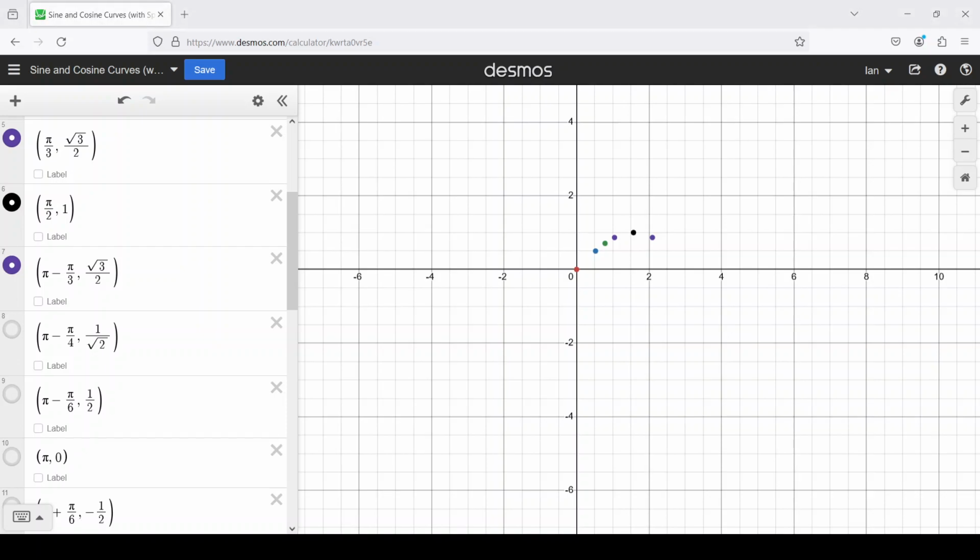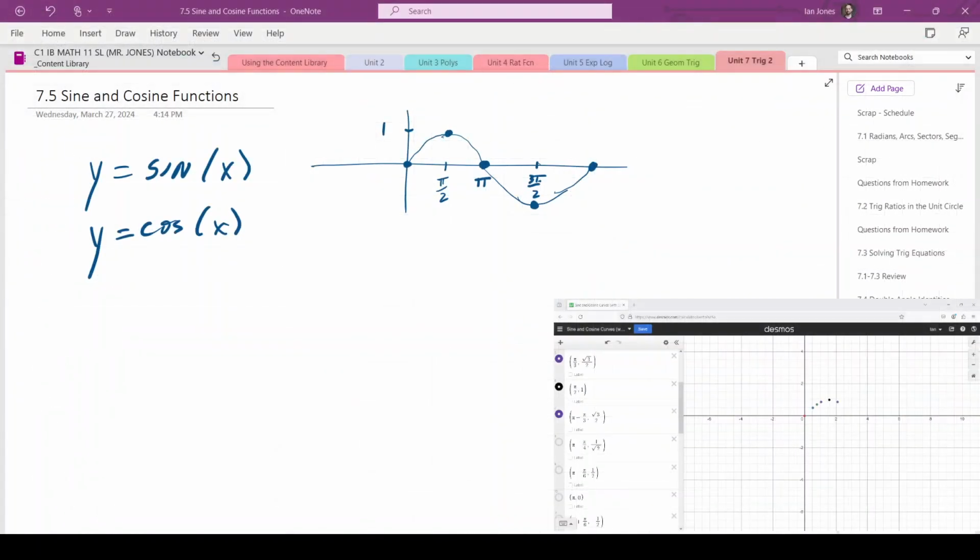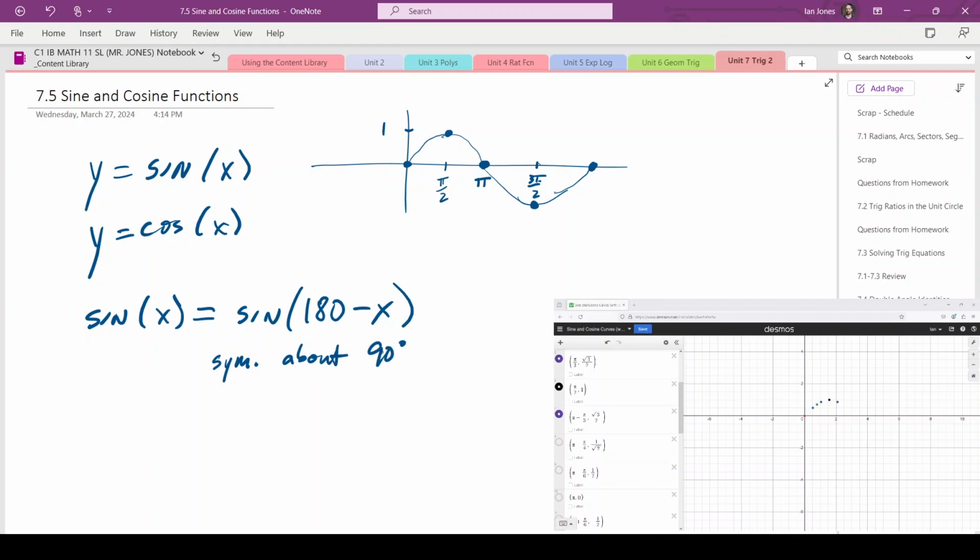Okay. Notice also, as we said before, that we have symmetry here, right? So if we just come back quickly to the one note, we know that sine of x is equal to sine of 180 minus x. And that this tells us that we have symmetry about 90 degrees.